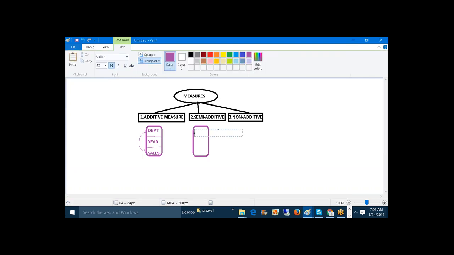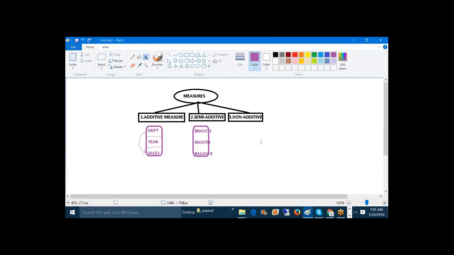Let's say, for example, I am taking branch, balance, and basically one bank's information. Sorry, instead of month, let me take customer.